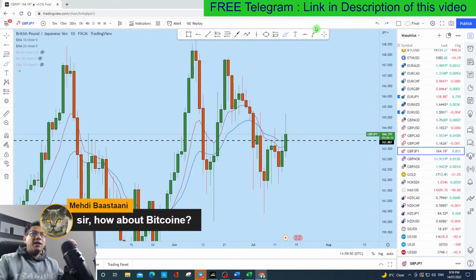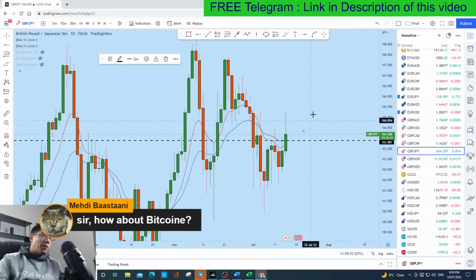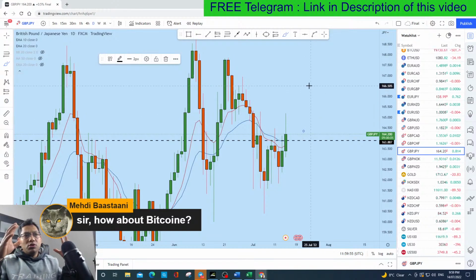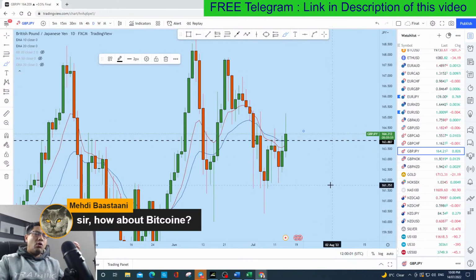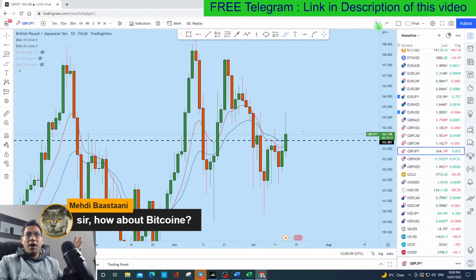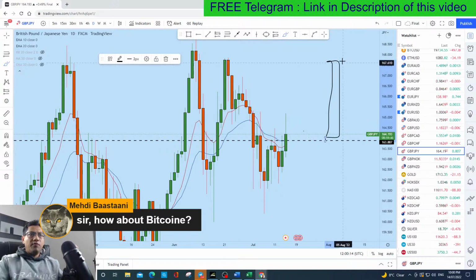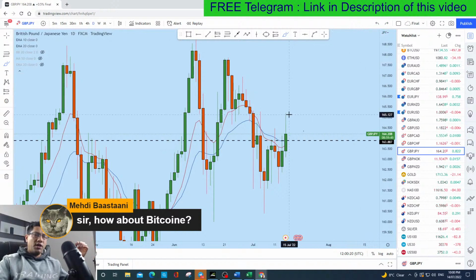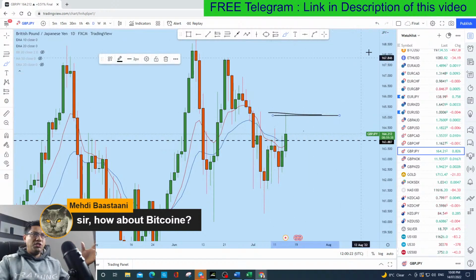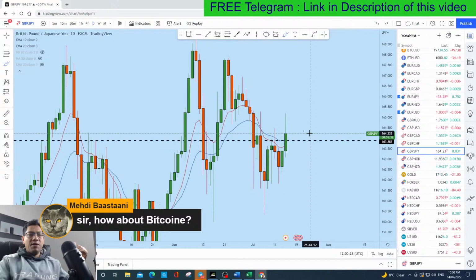When you see that on a daily candle during the London session the price has already moved a lot, then don't buy, because chances are that when the price goes far, for the remaining of the day the price will reverse. So GBPJPY already reached this zone, which is an important area of value, and from here we saw that it is coming down for a retracement.